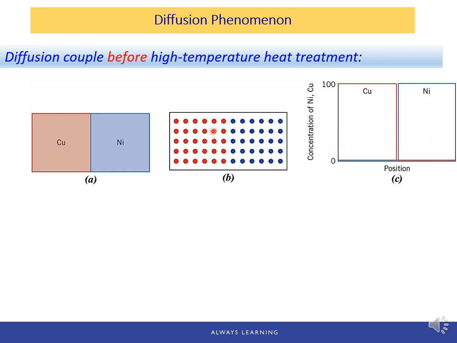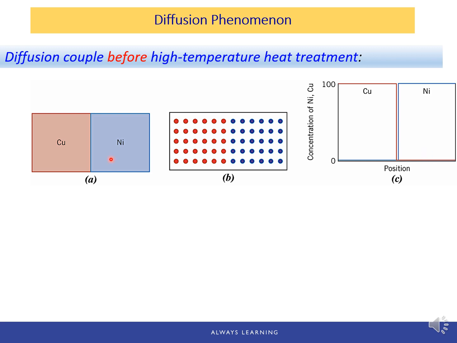From the atomic positions, on the left, for the copper bar, we only have copper atoms at the beginning, and for the nickel bar, we only have nickel atoms at the beginning. For the concentration as well, across the copper bar, the concentration of copper is 100% and the concentration of nickel is 0. While on the nickel side, the concentration of nickel is 100%, and there is no copper inside the nickel.